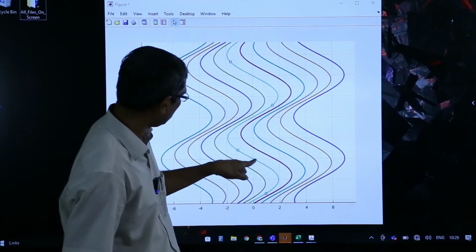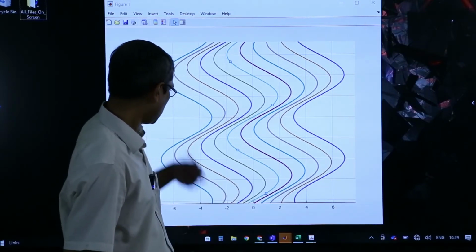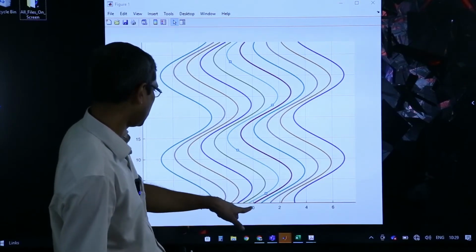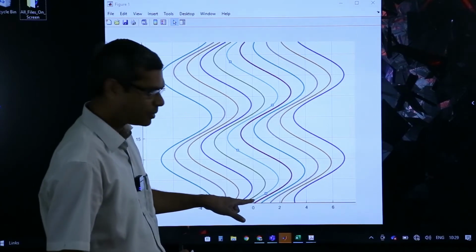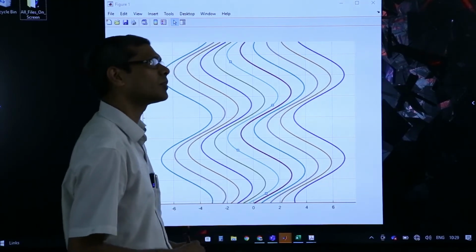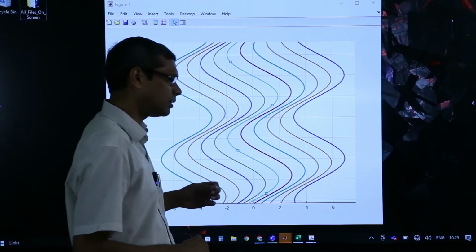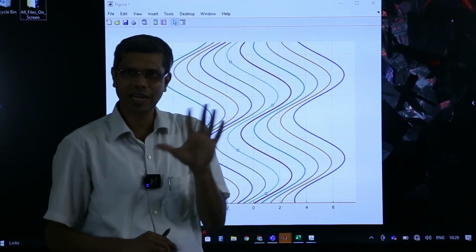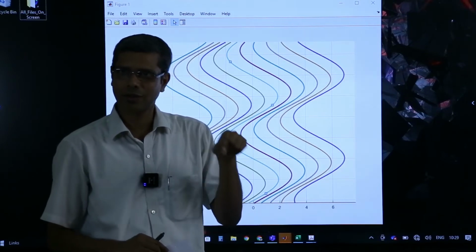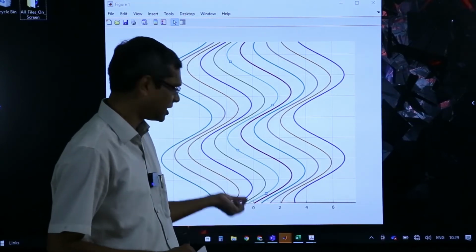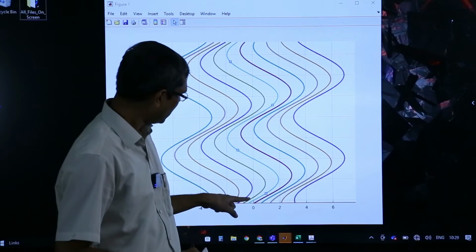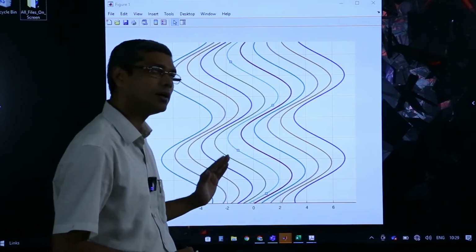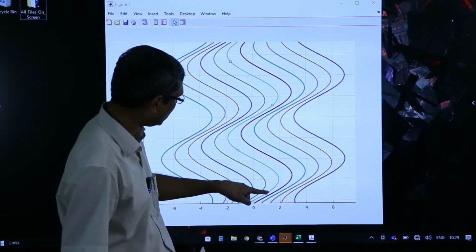Suppose this green one, at 0 it is 0. That means it is telling you about the particle whose name is 0, because we are naming the particles with their coordinates when they were at 0. So the 0 particle's motion with time is given by this green one.